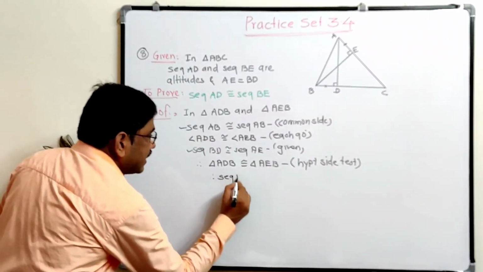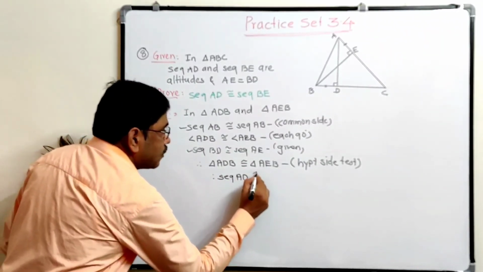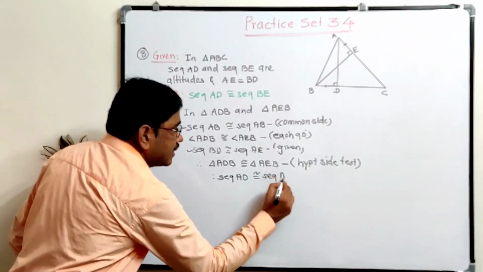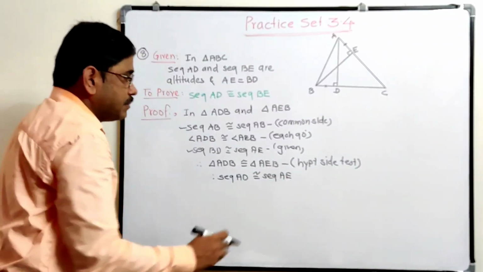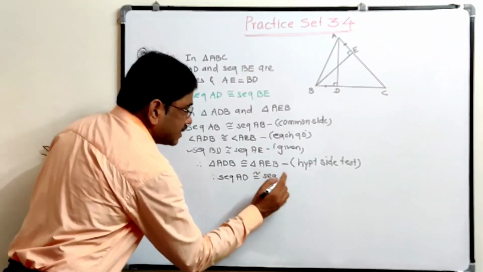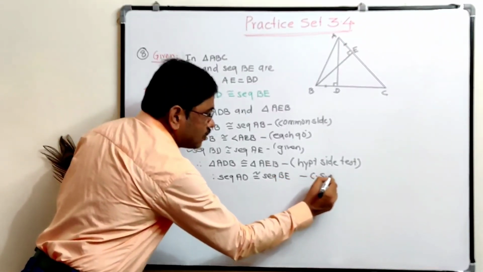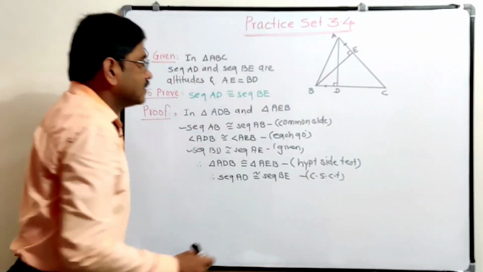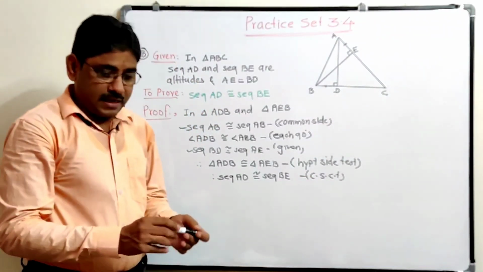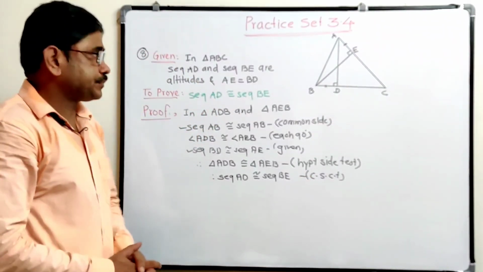Therefore segment AD is congruent to segment BE, corresponding sides of congruent triangles. So here this practice set 3.4 is completed.